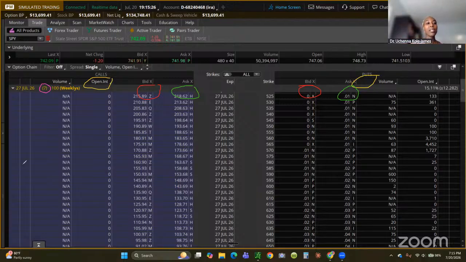So that's the option. Let's say you're saying, okay, I don't want to be in it for a long time. I think that the SPY is going to go up $3 within 7 days. So what is it currently trading at? Right now, the SPY is currently trading at $742.09.